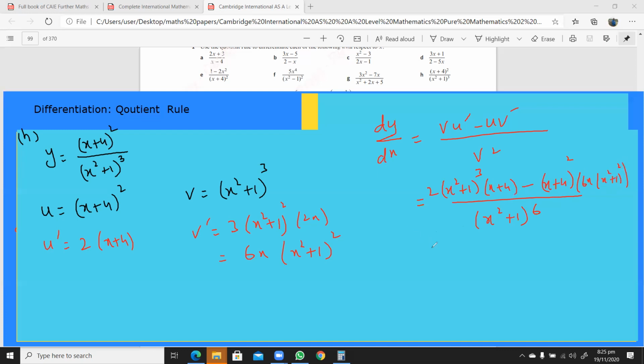Okay, you see now your favorite algebra. You have to do a lot of algebraic simplifications here.